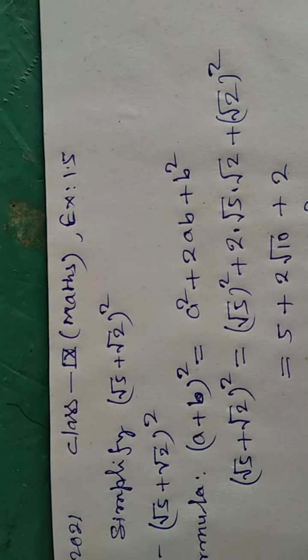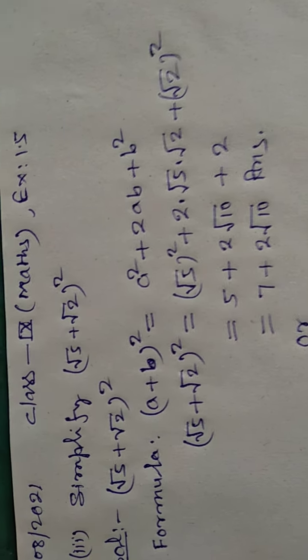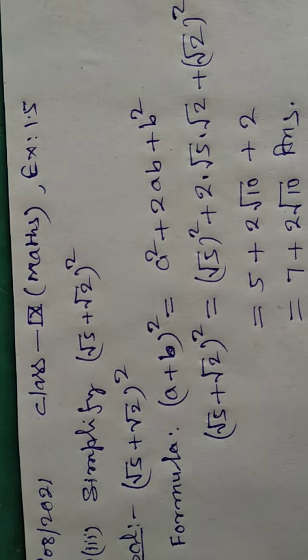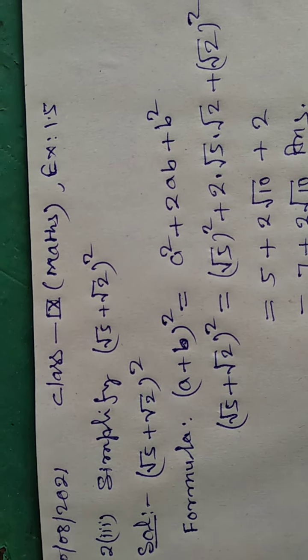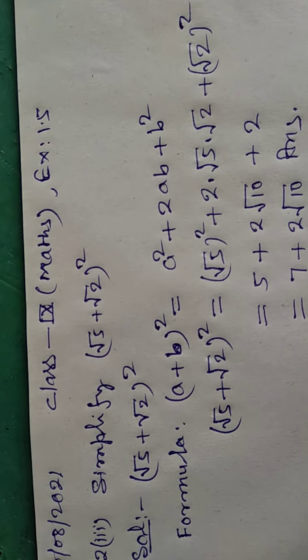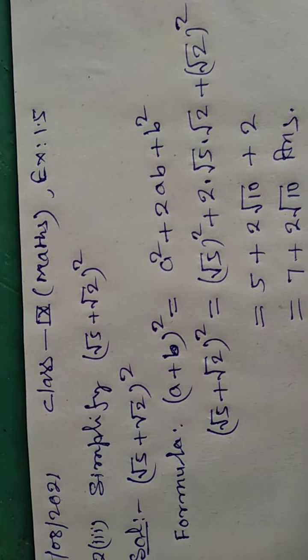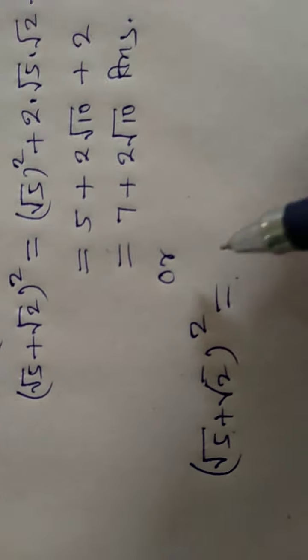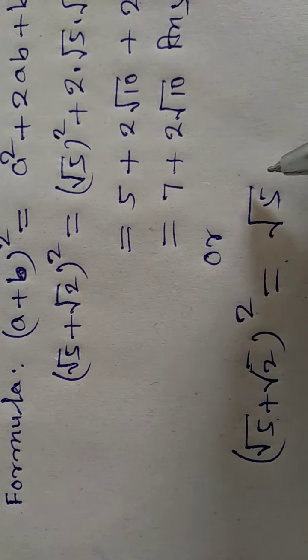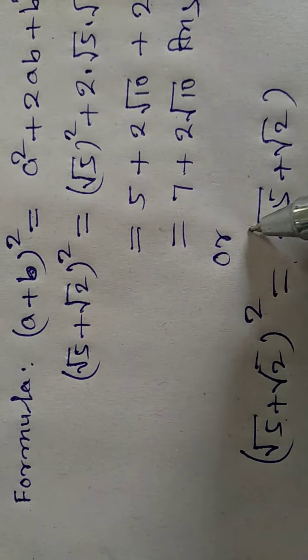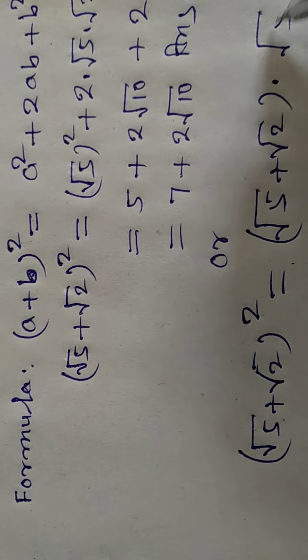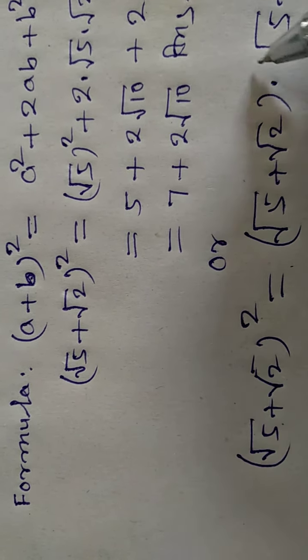There is another method, a way to solve this. (Root over 5 plus root over 2) whole square. Whole square means you will multiply this (root over 5 plus root over 2) two times. That is (root over 5 plus root over 2) into (root over 5 plus root over 2).